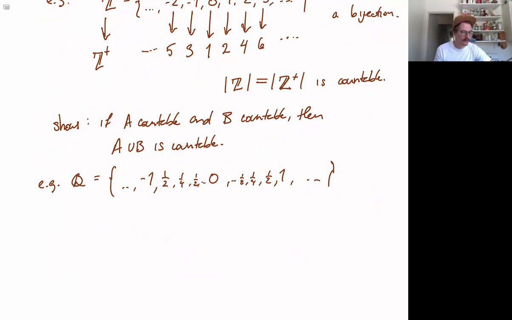And again, it turns out that we're in the same situation where even though it's not obvious from writing it like this, it turns out that actually we can. We just have to think about it a little bit differently.